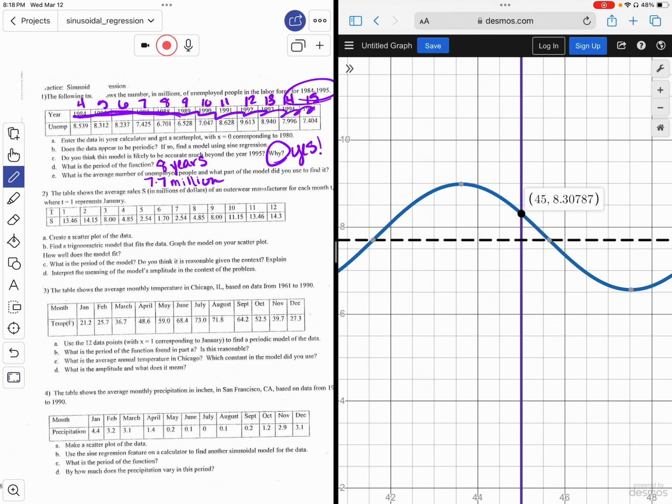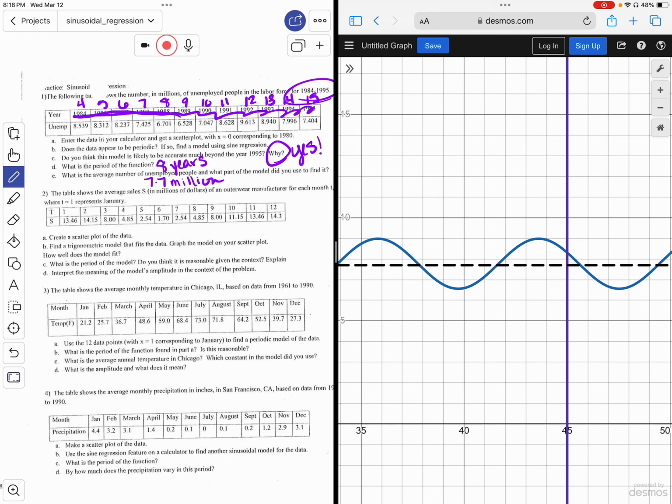So it's predicting that we should be coming out of an economic crisis so that there's less unemployment, and that the economy should be doing a little bit better. Whether that's true or not is entirely up to the government and how economics works, but we can use this model to make predictions.